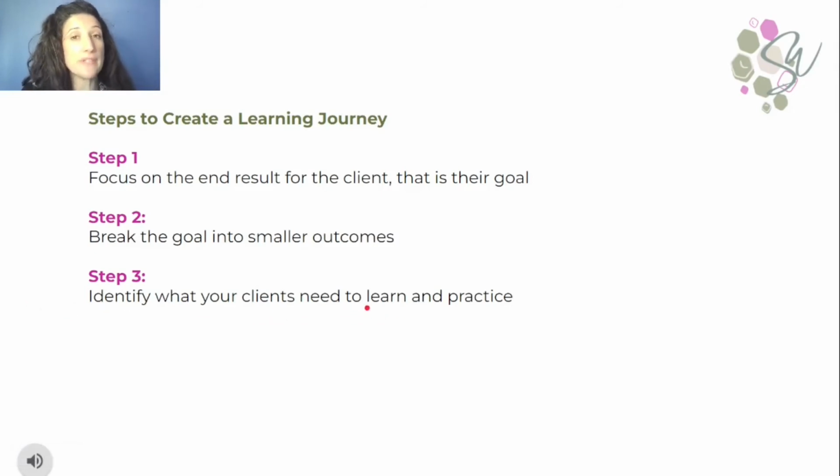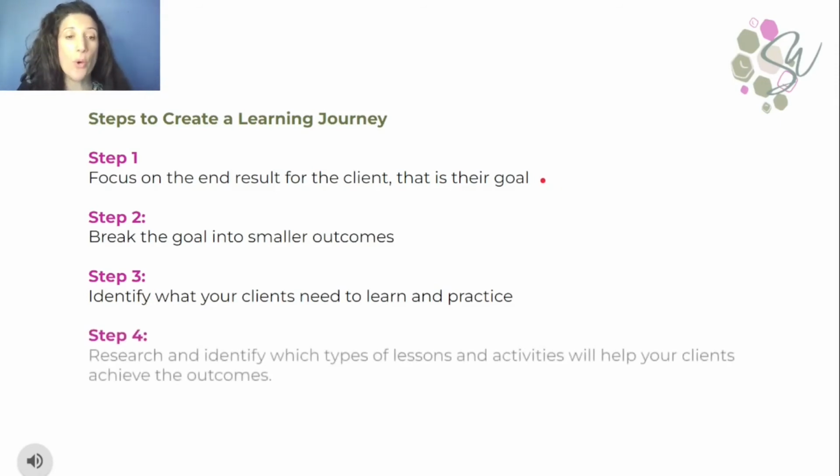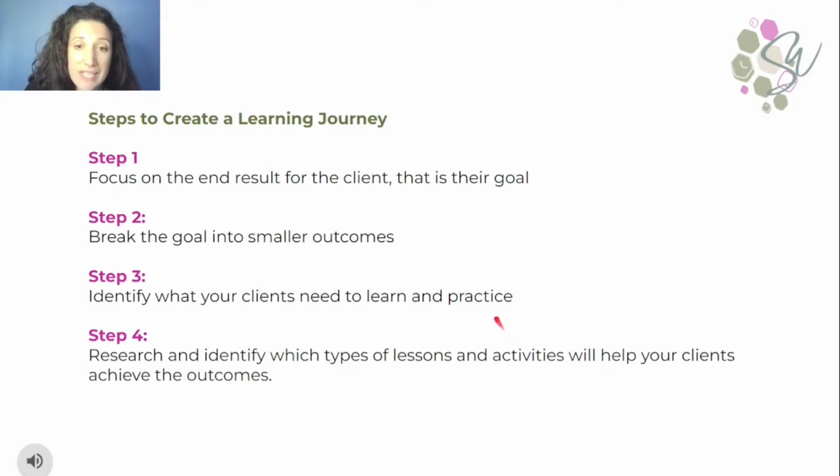So your lessons will be focusing on what they need to learn and practice. In turn, when they achieve those lessons, they achieve the outcomes and they achieve the goals. So you do this so that you can go into step 4, which is researching and identifying what types of lessons and activities help your students achieve these competencies.